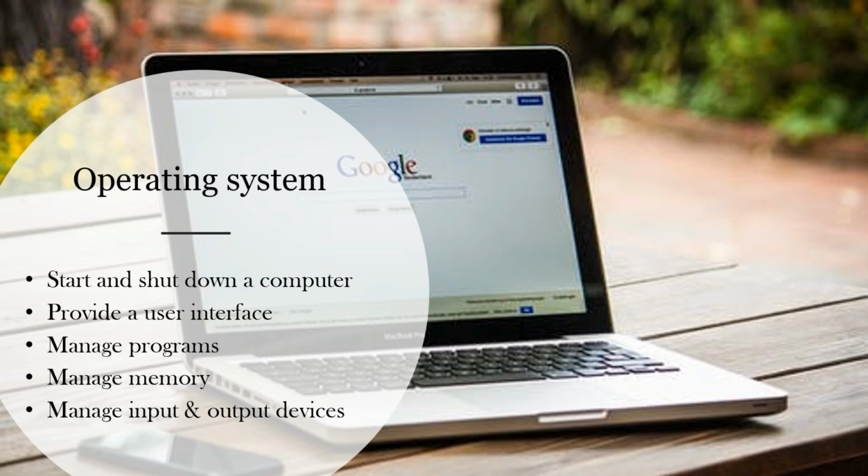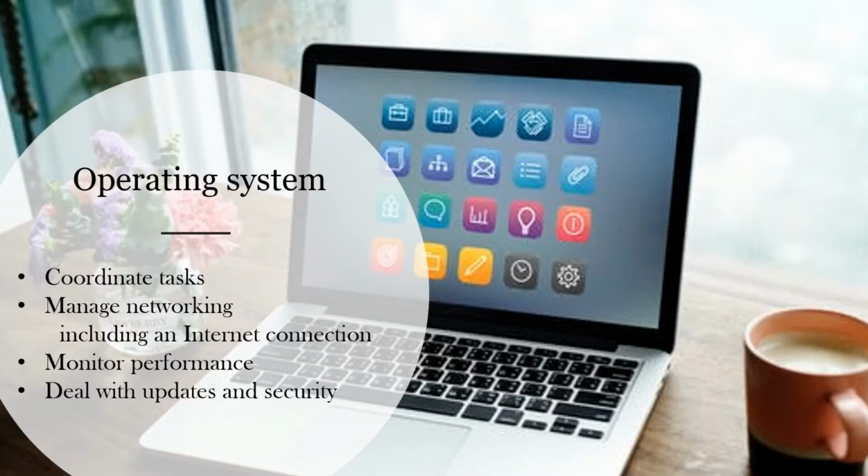The operating system helps us with that. That needs memory, so the operating system manages the memory and all the input and output devices. We can coordinate tasks, manage networking such as your internet connection, monitor performance of the computer to make sure it's working correctly, so that involves dealing with updates and security.